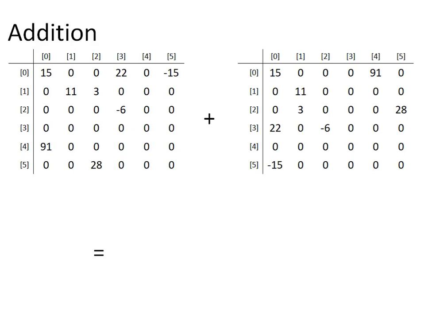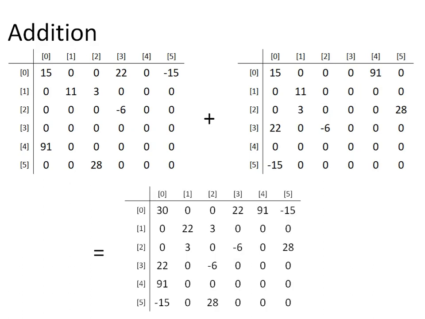For example, here we have values in both the matrices at index position 0, 0. So, the resultant matrix will have 3, 0, 30 at this position, that is 0, 0. Also, we have to first verify the same dimensions of both the matrices before proceeding.